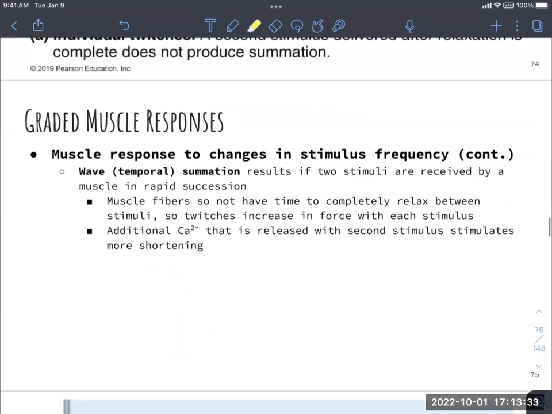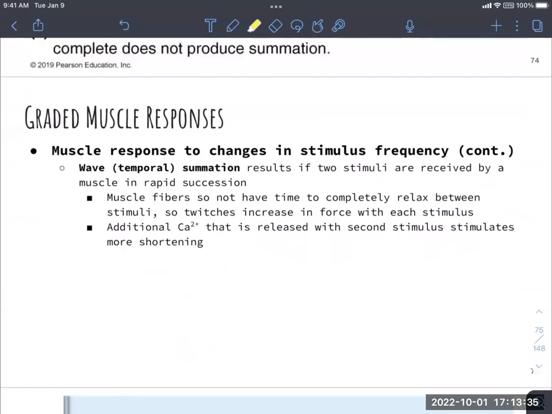But a wave summation, or temporal summation, is when two stimuli are received by that muscle in rapid succession. So it's like boom, boom. Action potential, action potential. So muscles can't relax between each stimulus.